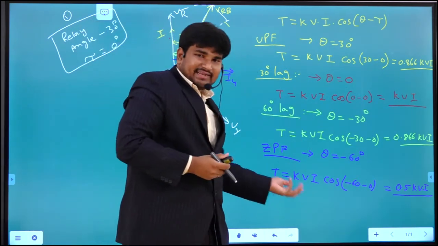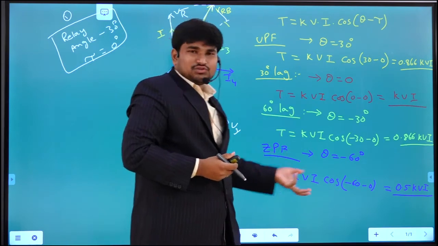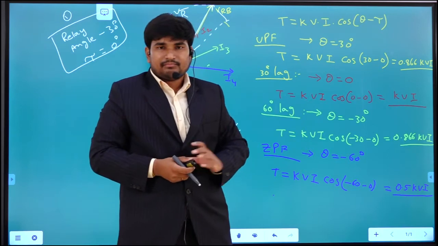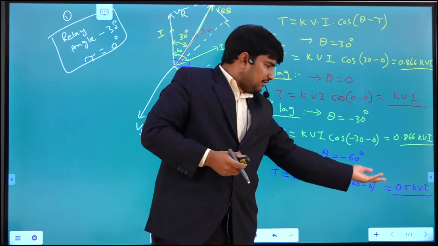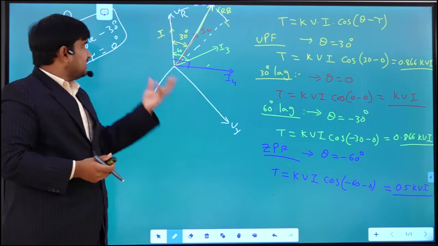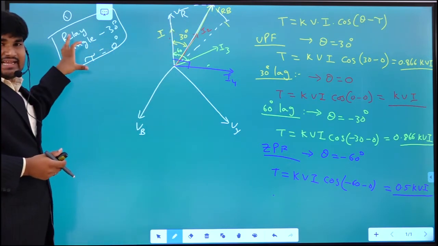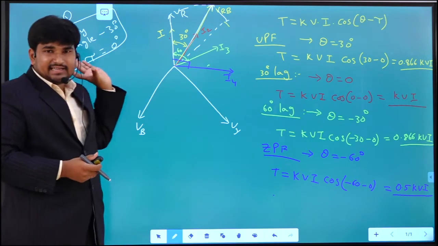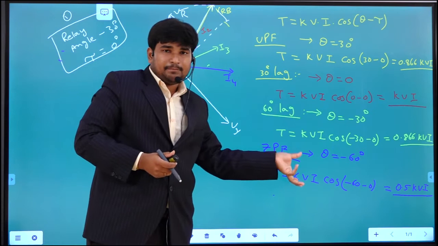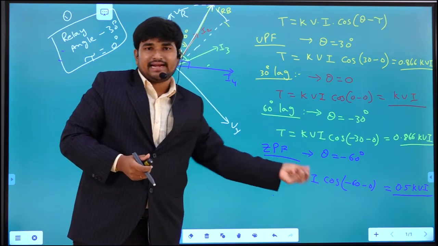The torque we are getting in zero power factor condition is only half of the maximum torque. Hence, we can observe that the relay connection with relay angle of 30 degrees will not properly work for zero power factor lagging loading conditions.